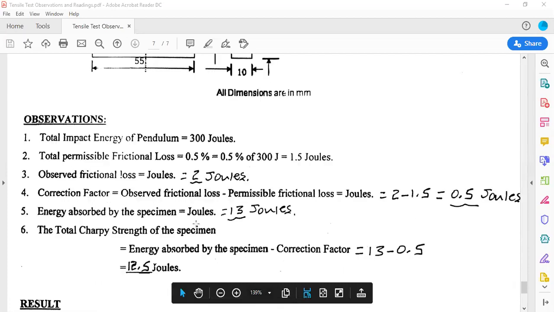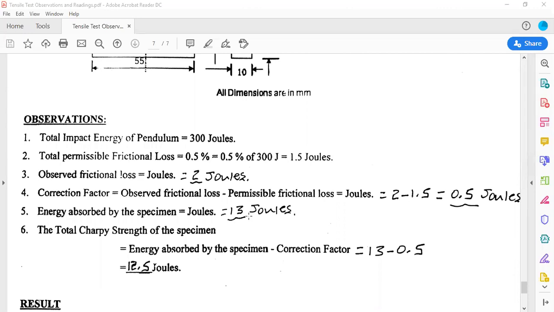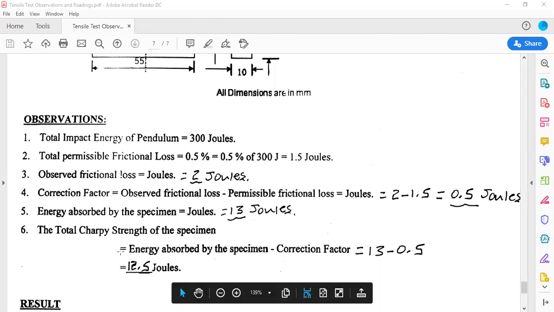Energy absorbed by the specimen. Once the hammer or the striker hits the specimen, the energy absorbed by the specimen is 13 joules. The total Charpy strength of the specimen, we have used mild steel for both tests. It is energy absorbed by the specimen minus the correction factor. Correction factor is 0.5. 13 minus 0.5.